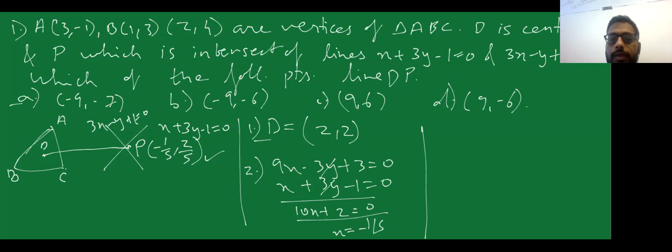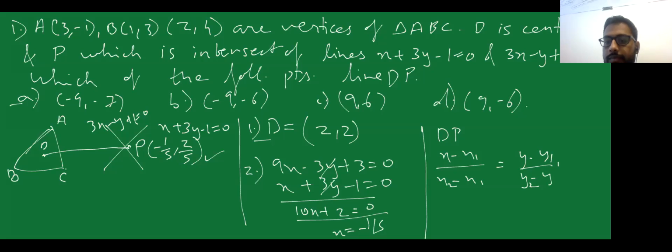If I have both these coordinates, I can easily get the equation of line DP by using my two-point form. What is my two-point form? x minus x1 upon x2 minus x1 is equal to y minus y1 upon y2 minus y1. Here in this case, I have x minus x1. What is my x1? 2, upon x2 minus x1.